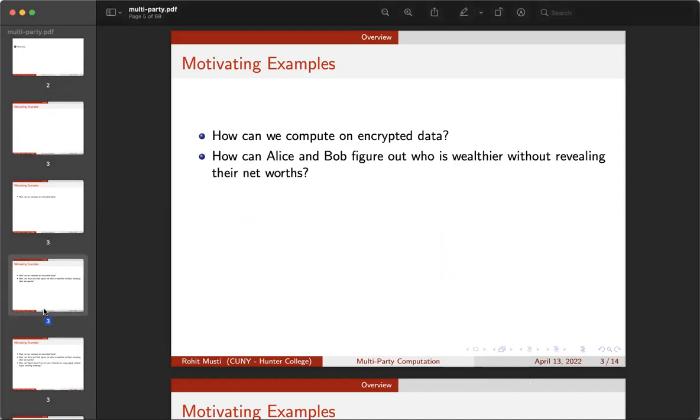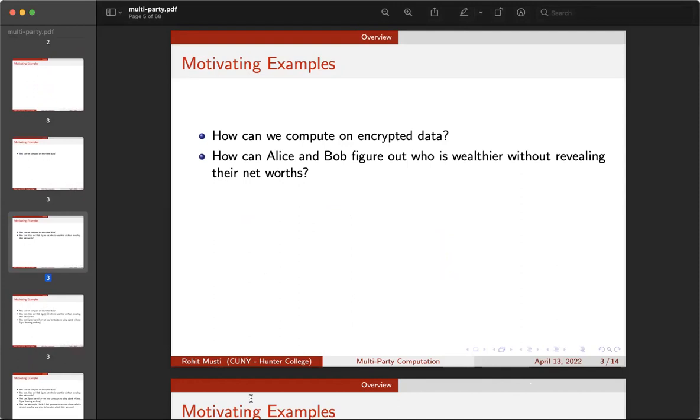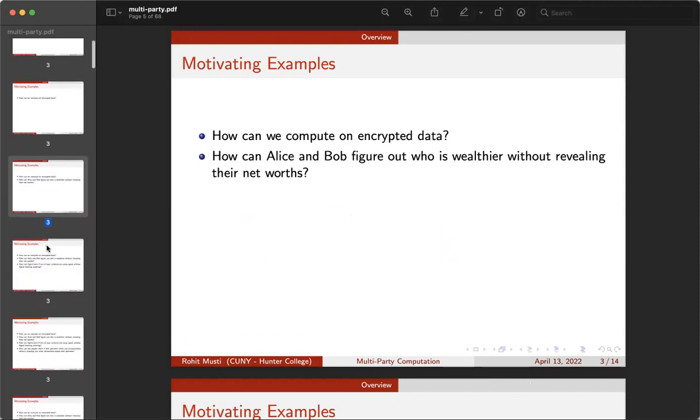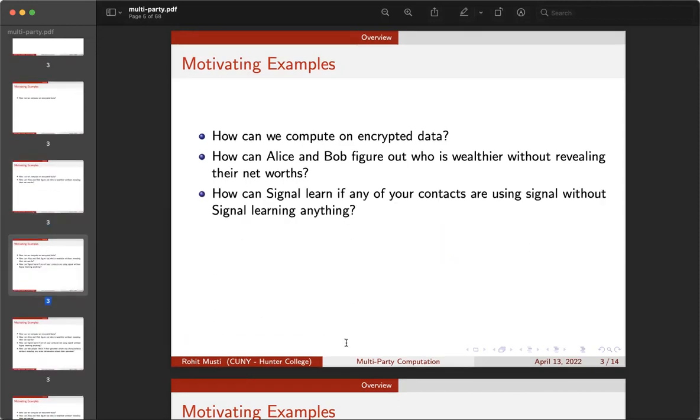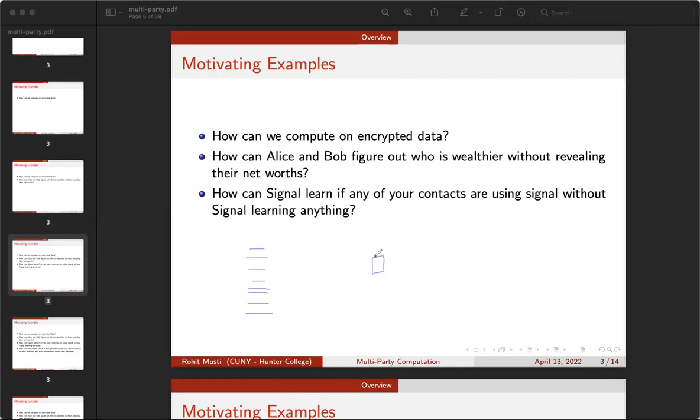The classic problem is the Yao millionaire problem, right? How can Alice and Bob figure out who is wealthier without revealing their net worths? Another is Signal. Many of you have probably used Signal, the free messaging chat app. Signal has a list of contacts, all the users of Signal, and then you have your list of contacts on your phone.